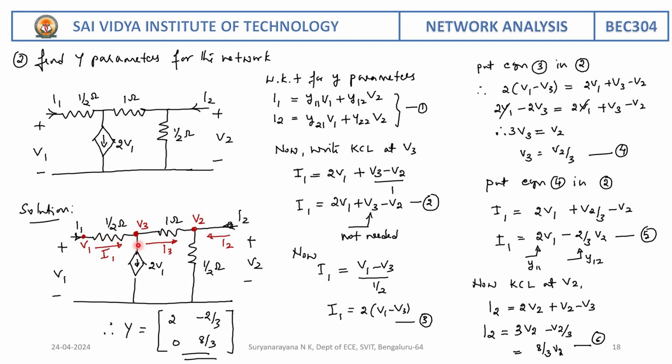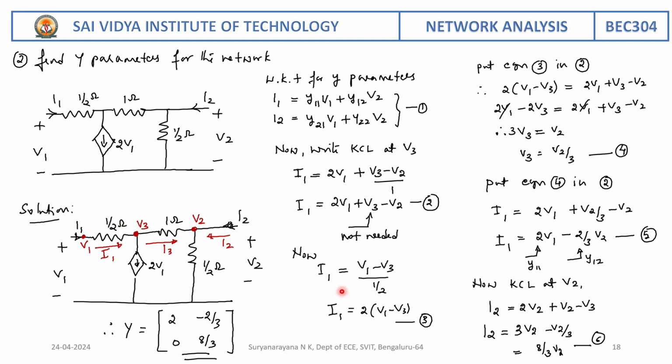I1 is equal to 2V1 plus V3 minus V2 by 1 ohm. Simplify this, we'll get I1 is equal to 2V1 plus V3 minus V2. But what is I1? I1 is given by V1 minus V3 by 1 by 2.